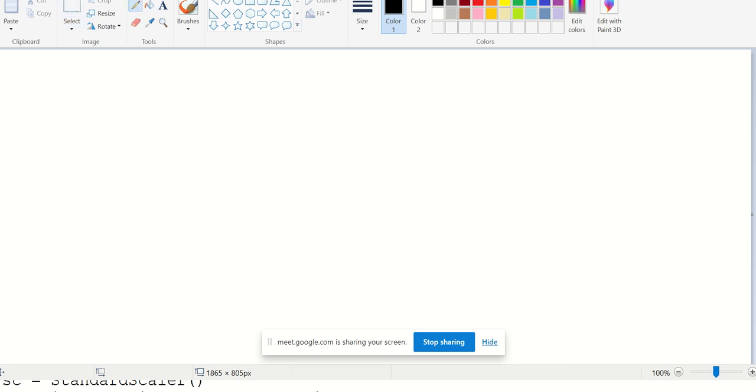What we are doing here in clustering is, imagine there are small dots.